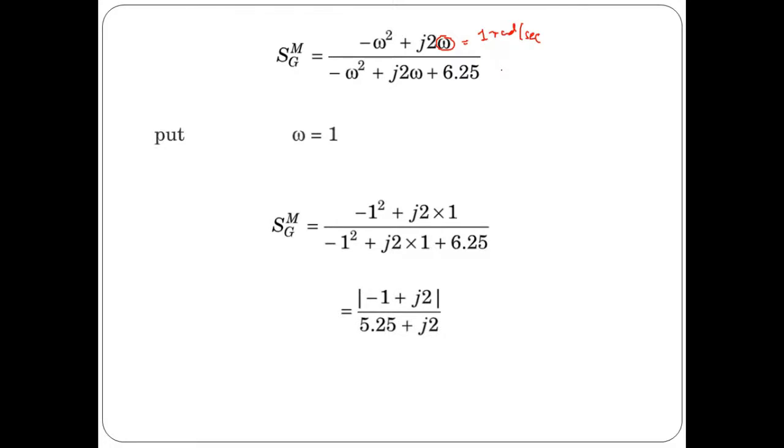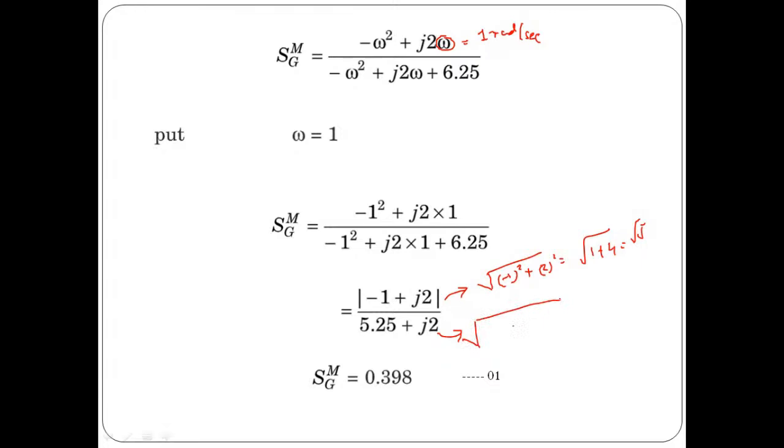If you are interested in calculating the magnitude, I can calculate the magnitude for the numerator: square root of minus 1 square plus 2 square, which is square root of 1 plus 4, so square root of 5. In the same way, for the denominator, square root of 5.25 square plus 2 square.